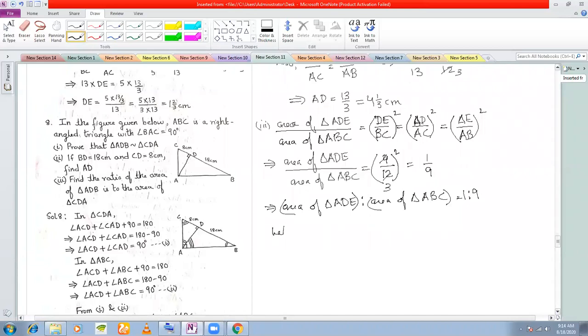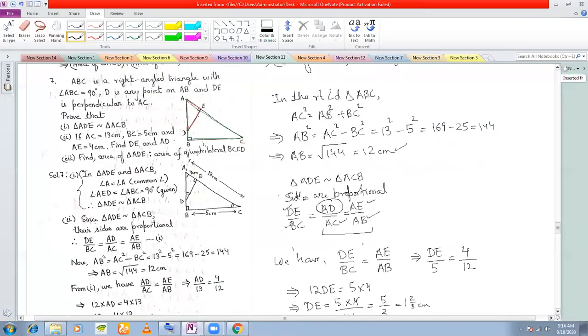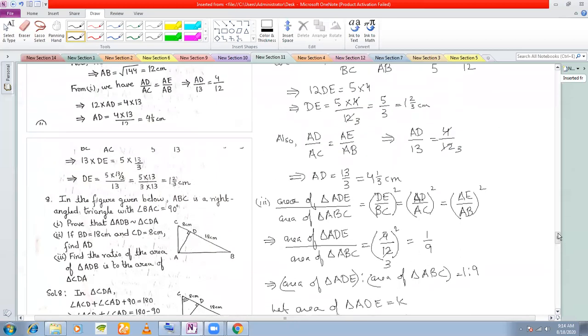Once I know the ratios, I can take the area of the triangle to be K and 9K. Let area of triangle ADE is equal to K and area of triangle ABC is equal to 9K. So therefore, if you see this green quadrilateral is nothing but the bigger triangle minus the smaller triangle. So therefore, area of quadrilateral, what is the quadrilateral they are saying?